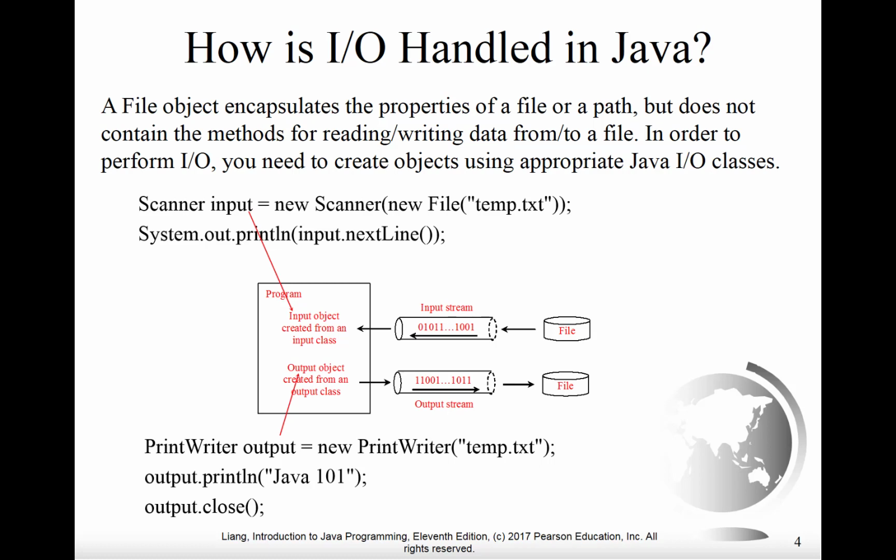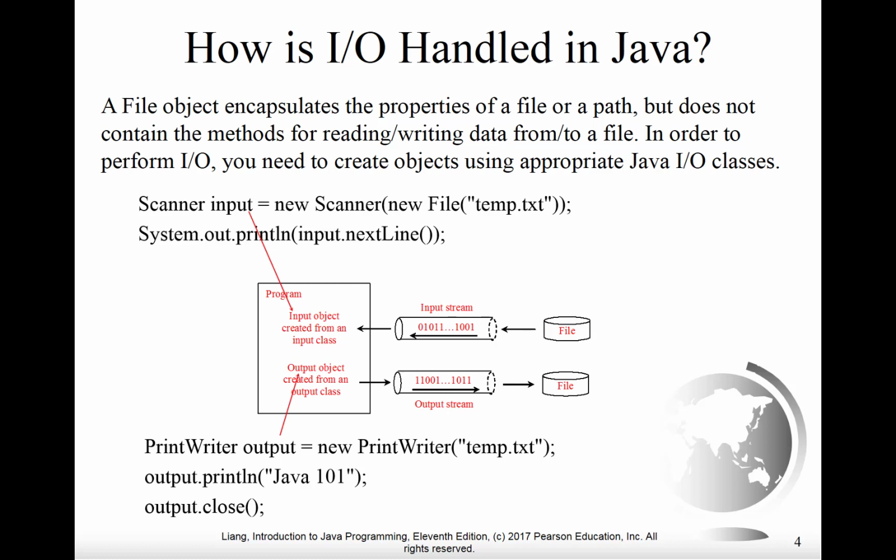So for example, to input from a text file, we may use the following 2 lines of code. First, we declare a scanner called input. We say it's equal to new Scanner, and you'll notice the argument, which is supposed to be a file, is an anonymous file, so we say new File, and then we give the name of the file. We then have a file object that the scanner can work on.